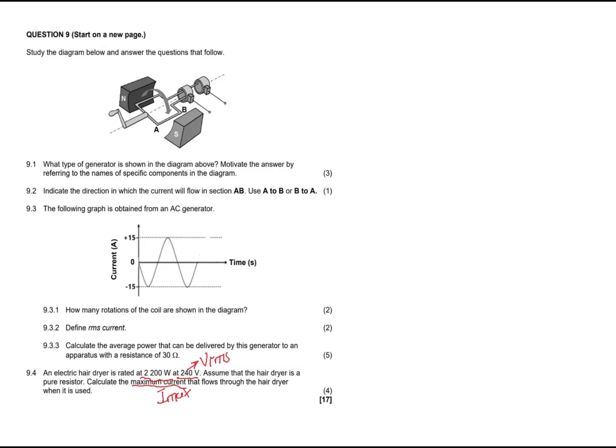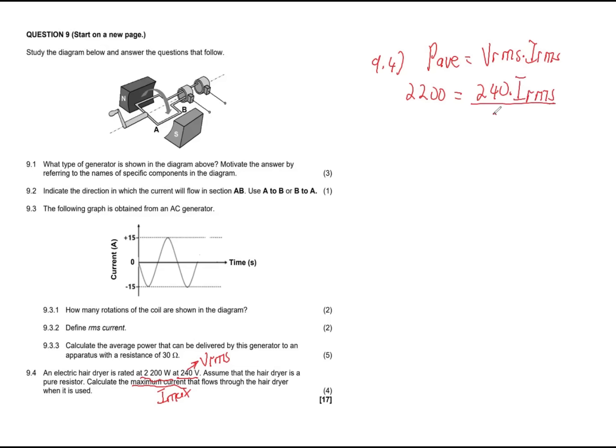So we do know that the first thing that we have to calculate is the IRMS. And then we're going to use the IRMS to then calculate the Imax. So you get the drill right now. So P average is equal to VRMS multiplied by IRMS. Our P average, 2,200. Our VRMS, 240. And then here we put IRMS.